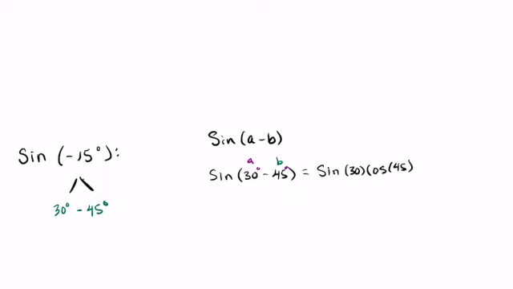Don't include the negative on the actual angle measures. But now we have minus the cosine of 30 times the sine of 45.